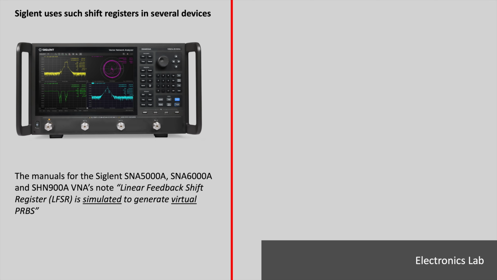And just to be sure, is Siglent using this type of code generation, using a feedback register? Well, at least in some devices, it does. I've looked into the manual of several of their vector network analyzers, the ones that you see here, and there they actually write themselves that linear feedback shift registers are simulated to generate a virtual PRBS.